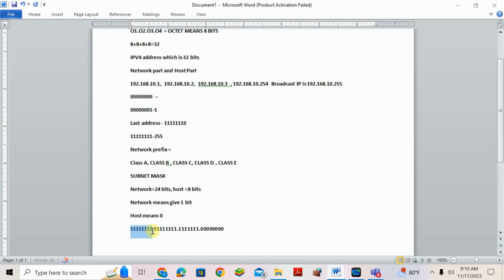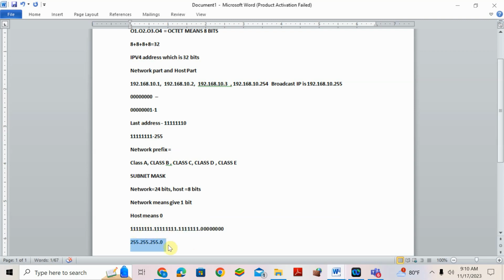What is the conversion of binary to decimal? 8 ones means the decimal value is 255. Again 8 ones, 255. 8 zeros means 0. This is the subnet mask for class C.